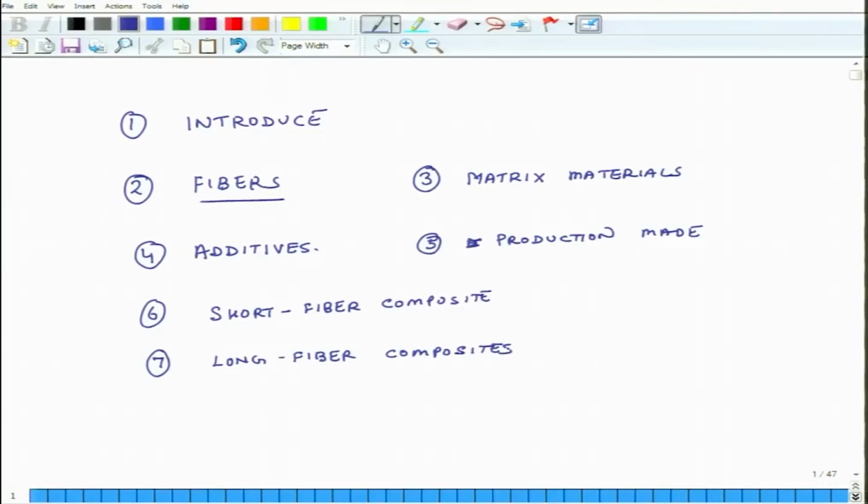In this case specifically we will discuss 2 types. One is unidirectional lamina, and we will explain in the course what we mean by a lamina and things like that. And then we will also discuss the mechanics of composite laminates.